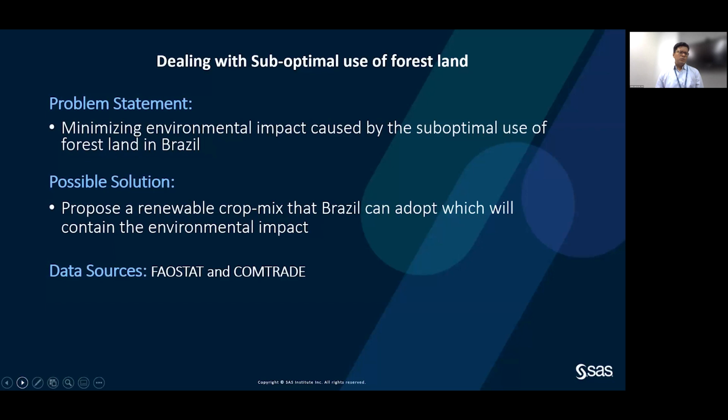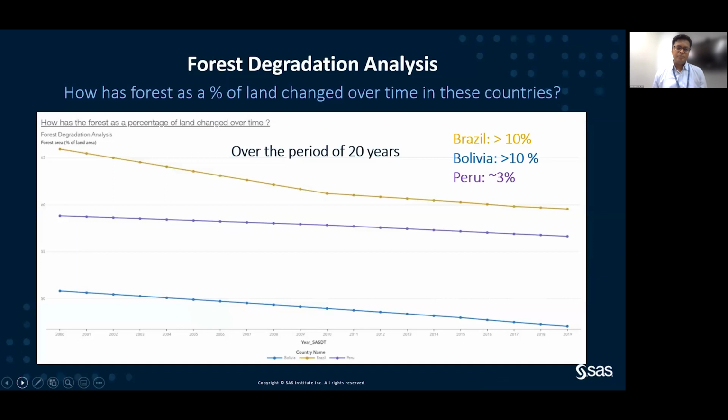So all that sort of analysis can be done using the Comtrade data. So we also use the Comtrade data, and these are the two sources from which we gathered the data.